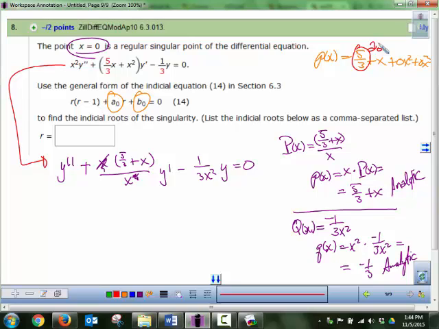Similarly, your little q of x is just the constant negative 1/3. The other terms are 0 times x squared and so on, so the infinite power series isn't so infinite anymore. All you care about is the constant term, which is that first term, negative 1/3.